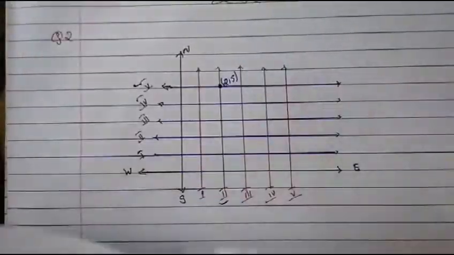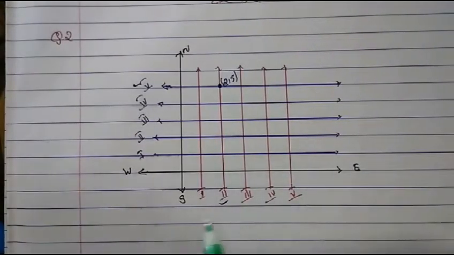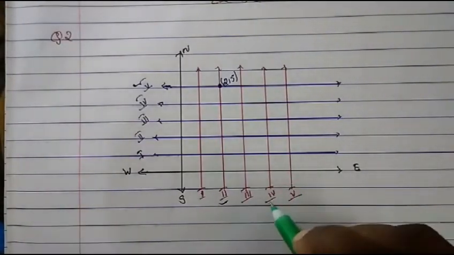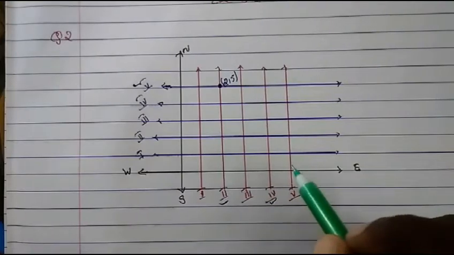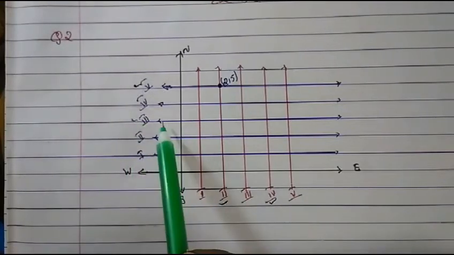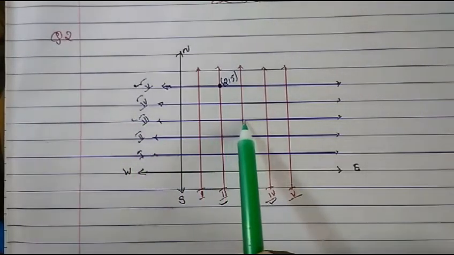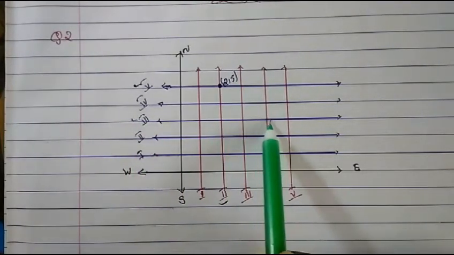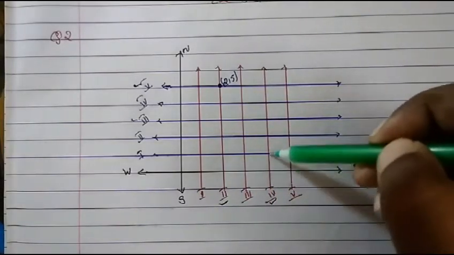So let's see 4 and 3. So 4 here it is, this is a street, fourth one, and 3 is, third one is east-west direction. Third is here, east-west direction. Where do they meet? They run parallel to this direction and here it runs towards this direction.